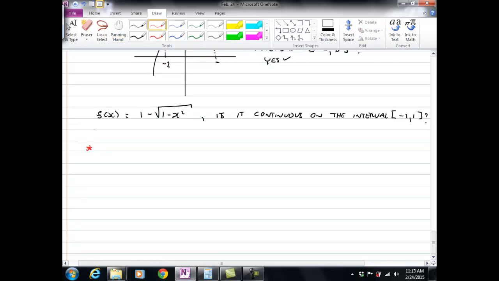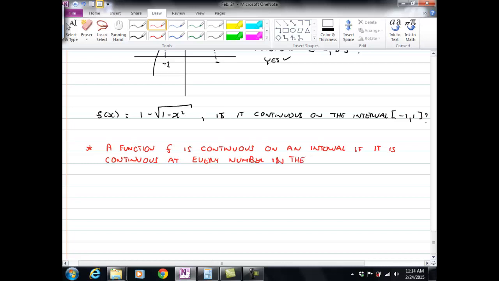Star. A function f is continuous on an interval if it is continuous at every number in the interval.